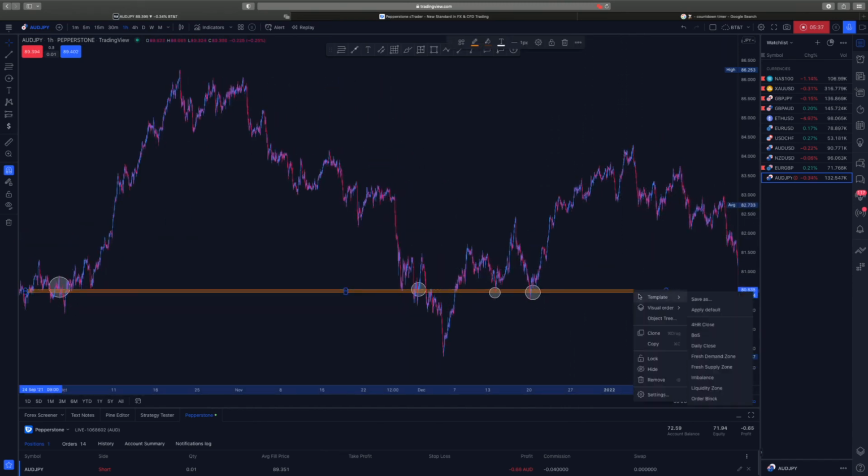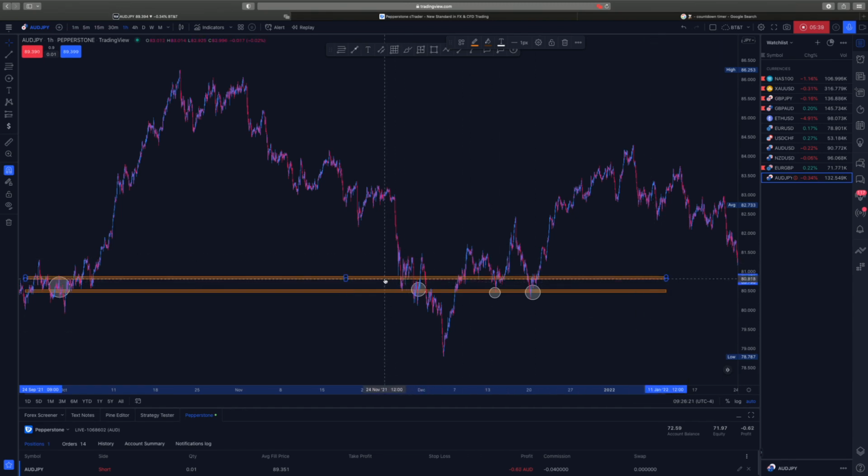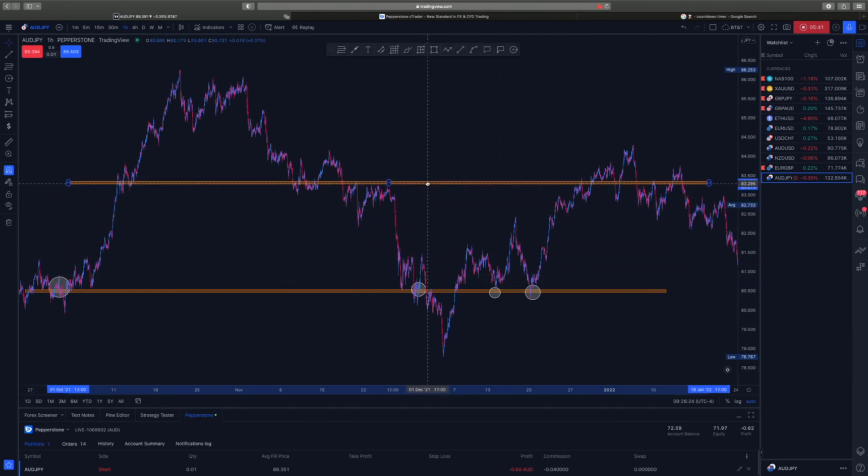So if I was to quickly check an area that has been used as a resistance level, we find this area has been used as a resistance level or resistance zone. It has been tested once, here twice, and here 3 times. So that's a quick way of identifying support and resistance levels.